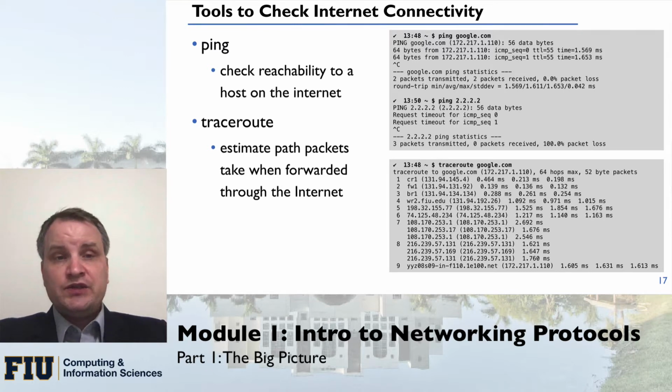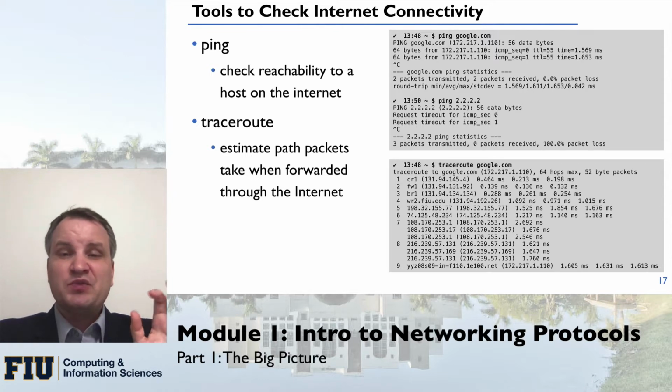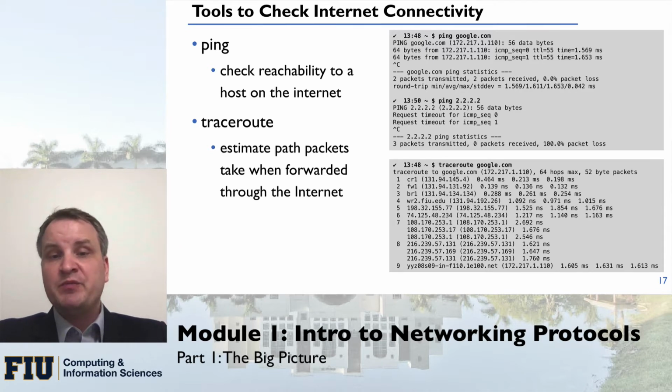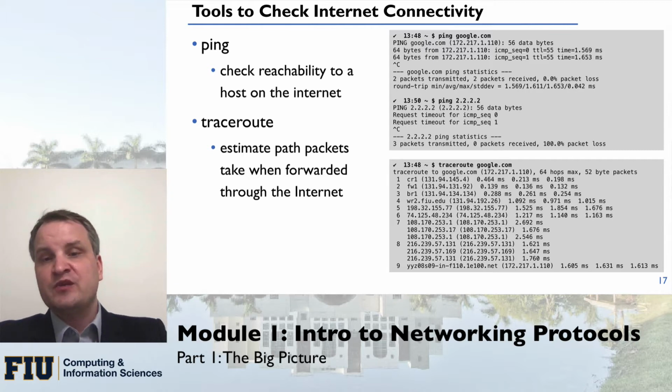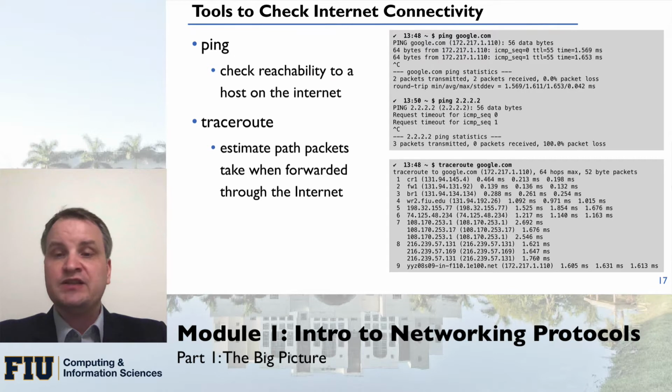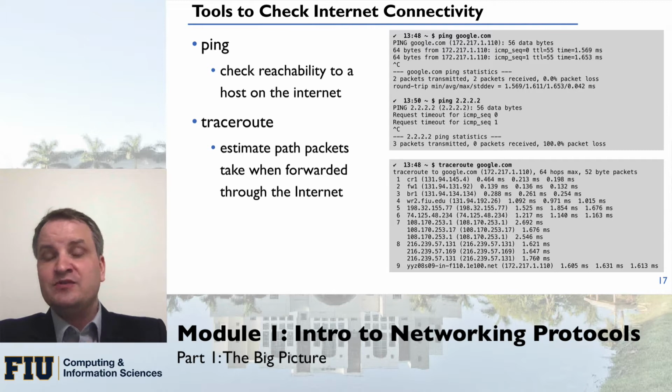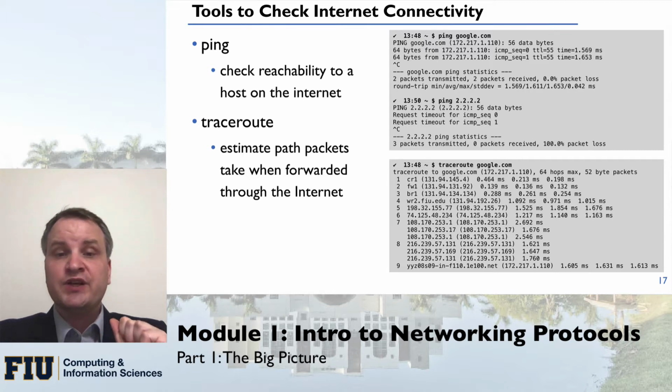And the other tool is traceroute. The traceroute allows you to approximate the path your packet is taking throughout the network. And by path, I mean how it's flowing from your host system to the next router, from the next router to the next router, and so forth until it reaches the destination. When we're talking about the network level and specifically the IP protocol, we can figure out how the traceroute tool is realized.